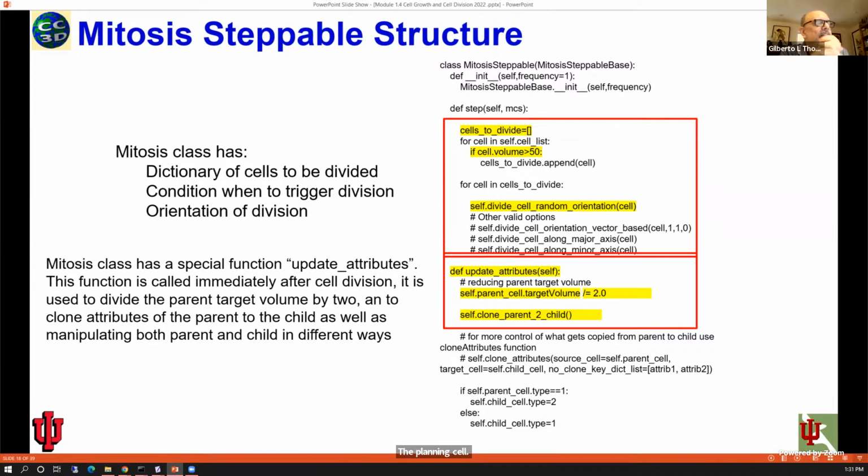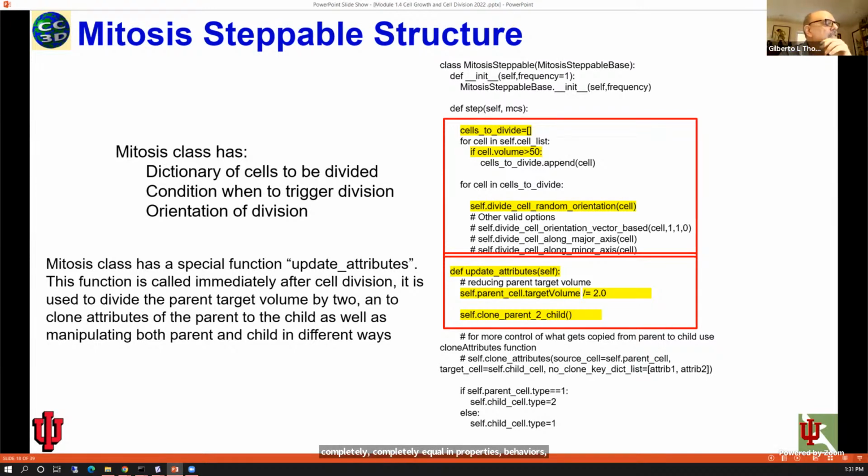I mean, you create a new cell exactly equal to the parent one. The only difference between those 2 cells are the IDs. They have to be different. CompuCell doesn't allow you to have 2 objects with the same ID in the code. So any object has its ID, but it can be completely equal in properties, behaviors, anything.